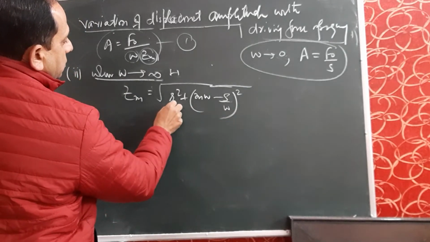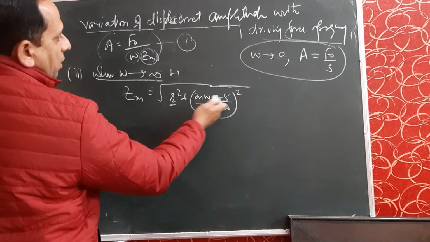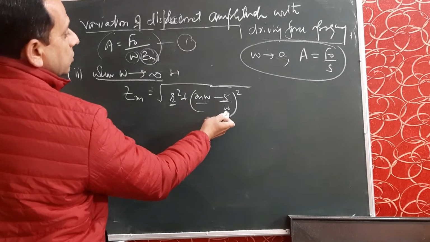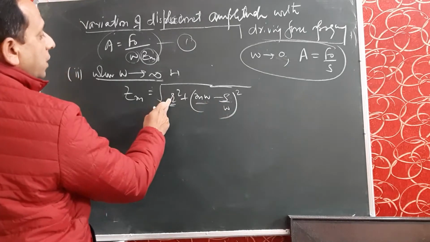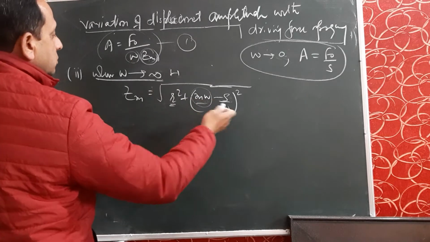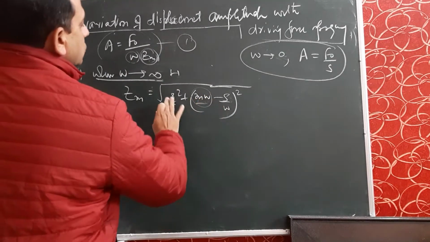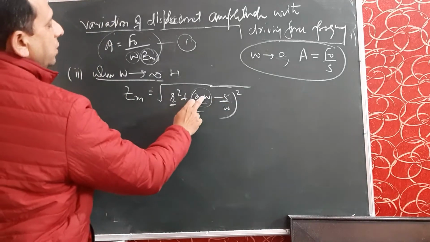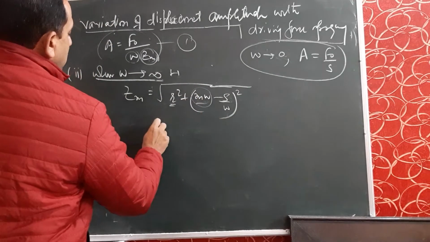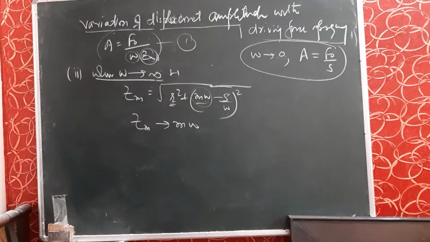This term is finite, m into infinity means infinity, and s over infinity means 0, so that term becomes 0. Among the three terms, m into omega will dominate. So overall we consider only the square root of (m omega) square, that is Zm tends to m omega.